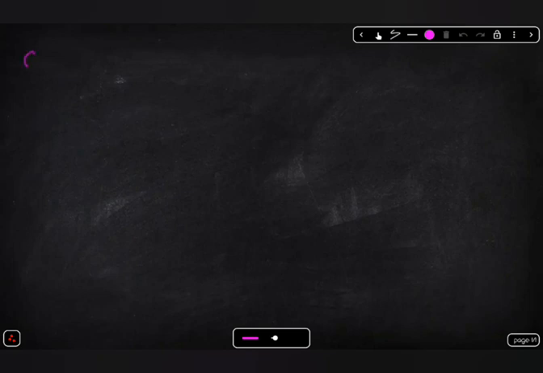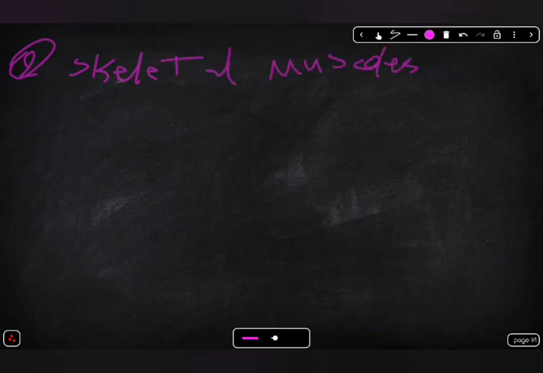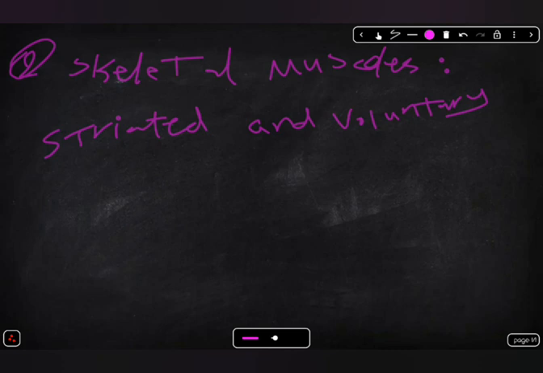Number 2, skeletal muscles. The skeletal muscles, they are striated muscles and voluntary muscles. Voluntary muscles, I can control the contraction and the relaxation.